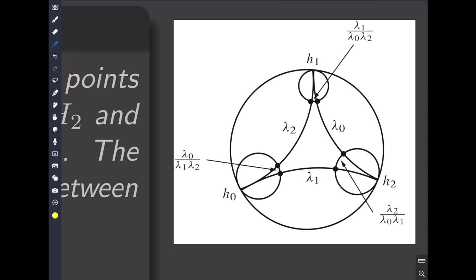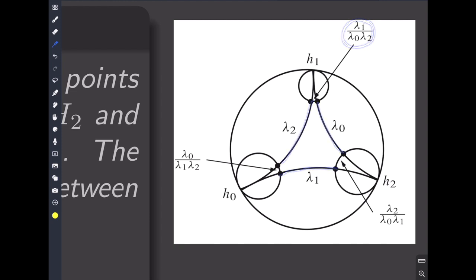Okay, and the statement of the lemma is that if you pick any one of the horocycles and you look at the segment of this horocycle determined by the crossing with the 2 geodesics coming out of it, the hyperbolic length of this segment is precisely this number, which is combinatorially described as just opposite divided by adjacent.